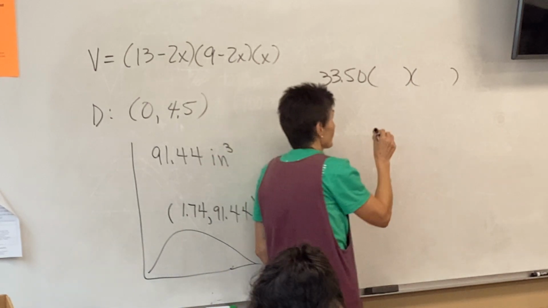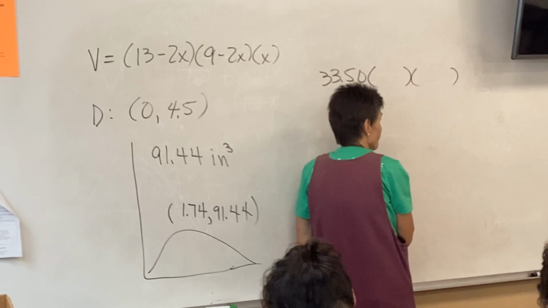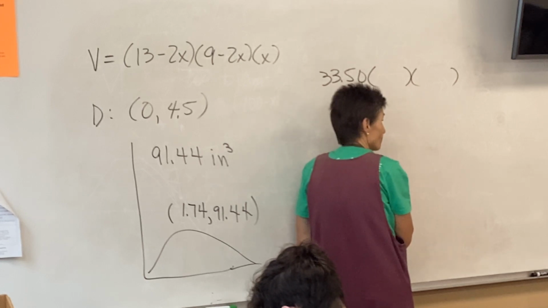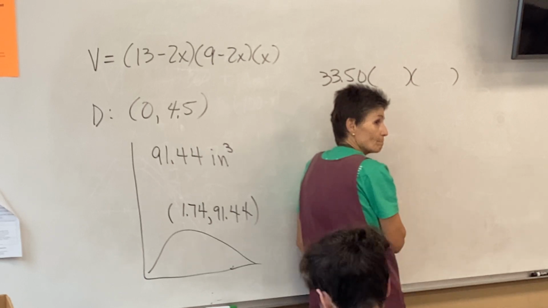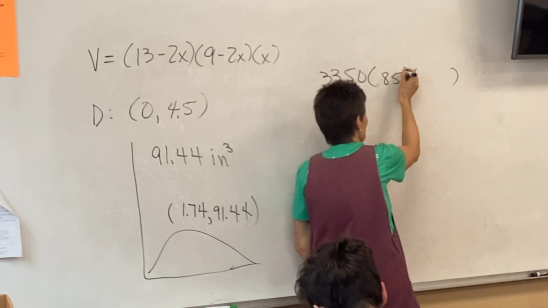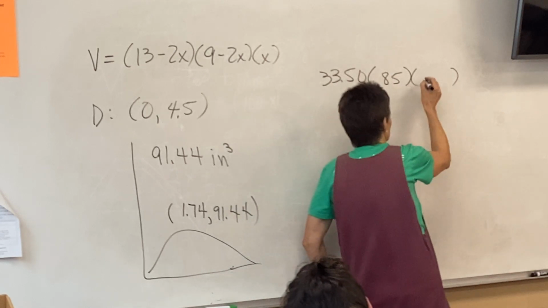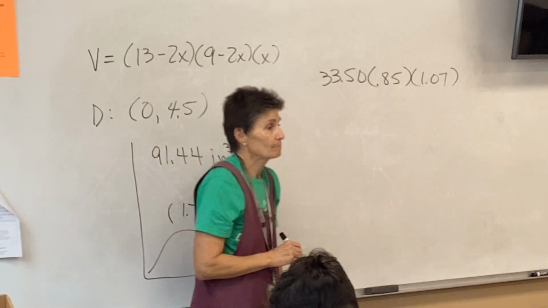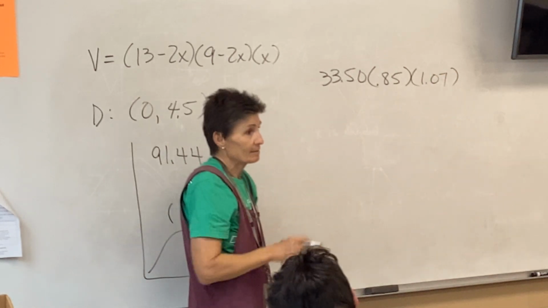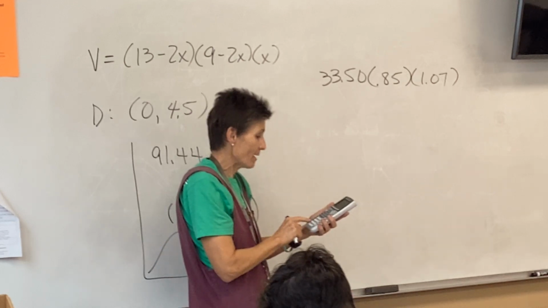There's a 15% discount, so you would subtract 0.15 from 1, so 0.85. There's a 7% tax, you add that to 1, so 1.07. Perfect. That's it.